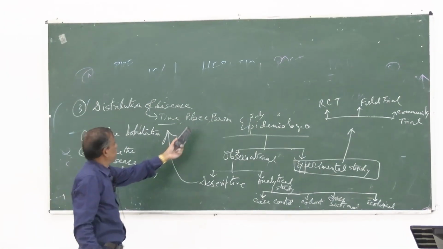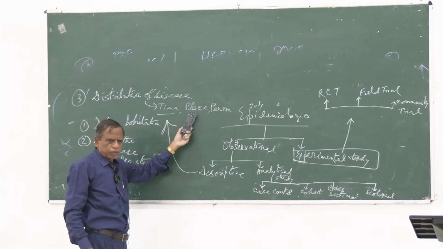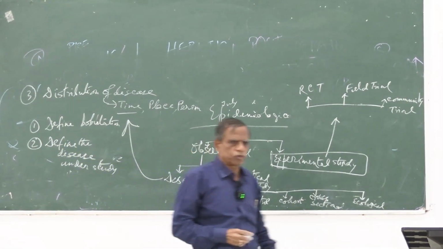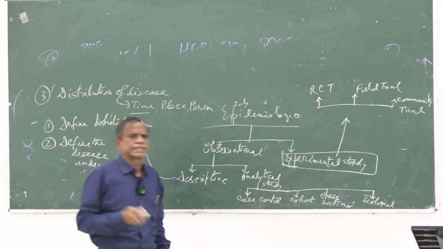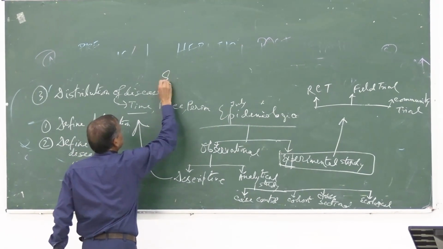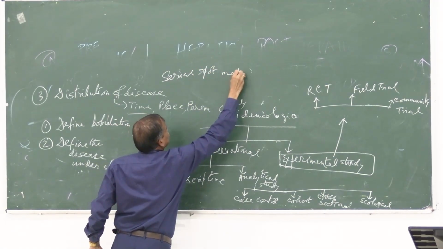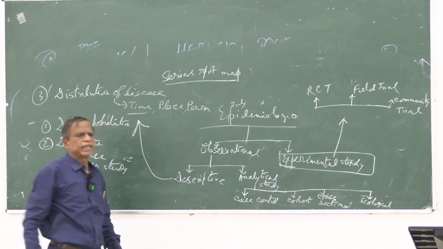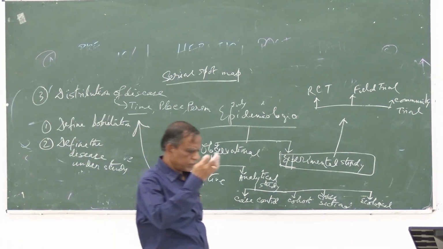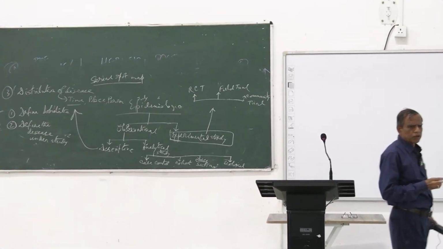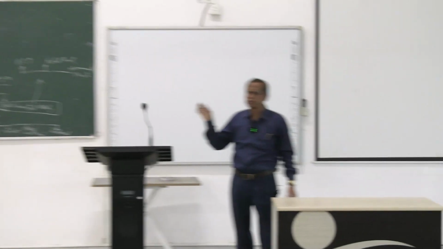Next is place. A spot map is a part of place. In which places these cases are mostly occurring. You can also draw the serial spot map. Suppose in the year you found that the number of poliomyelitis cases were mostly found in, say, the metropolitan city of Kolkata.